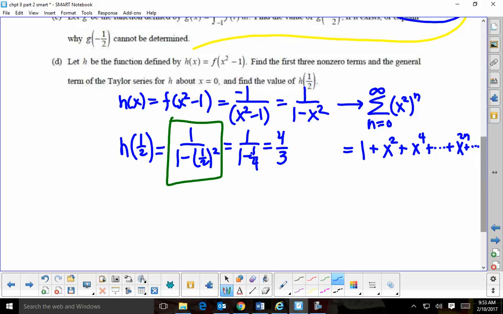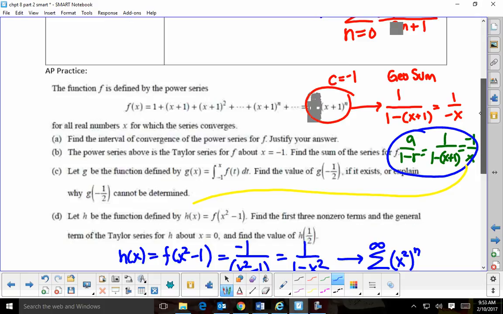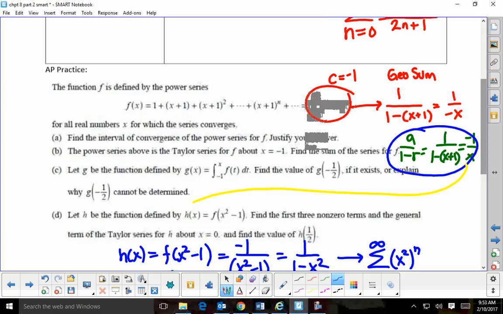Did anybody see a different way that we could have done this right here? To me, this was just a pretty basic way of doing it. Did anybody say, well, that's f. Could I have found f of x squared minus 1 just by function composition there?